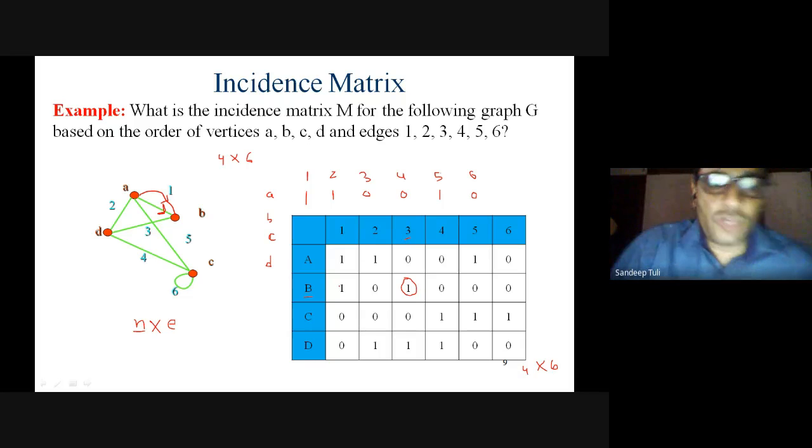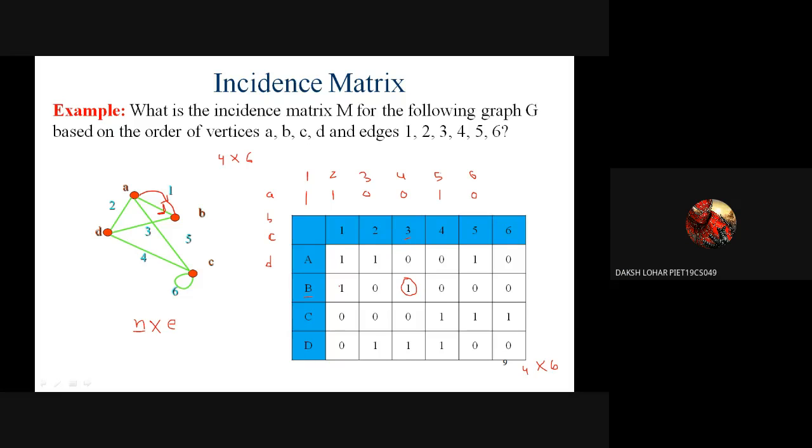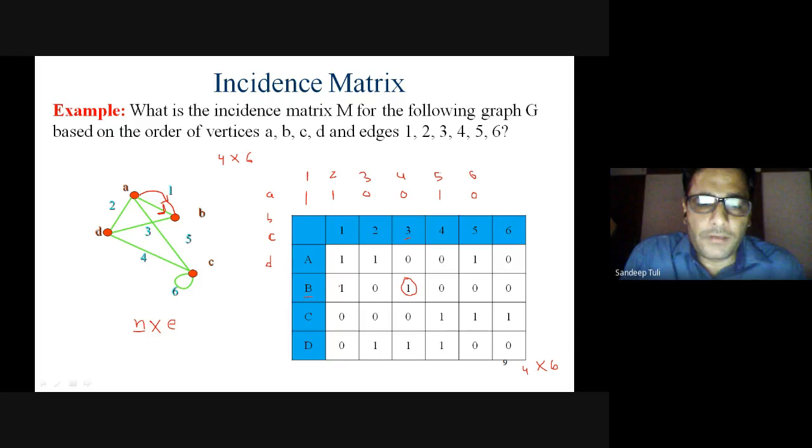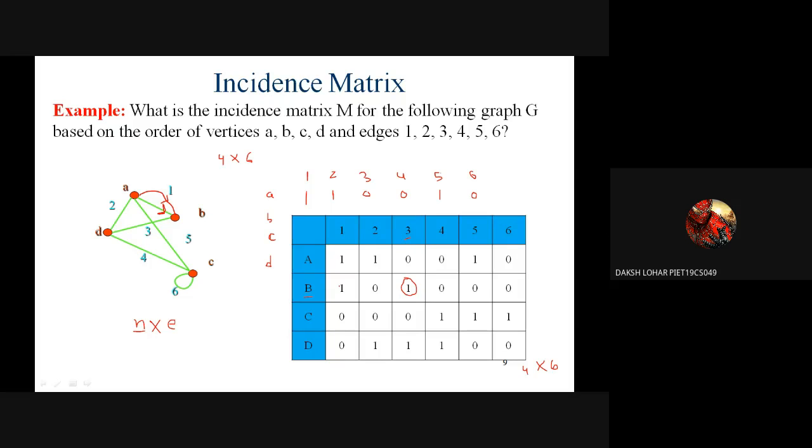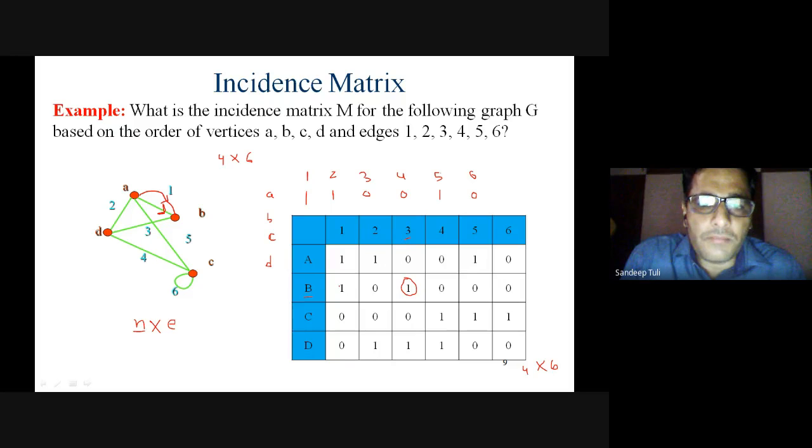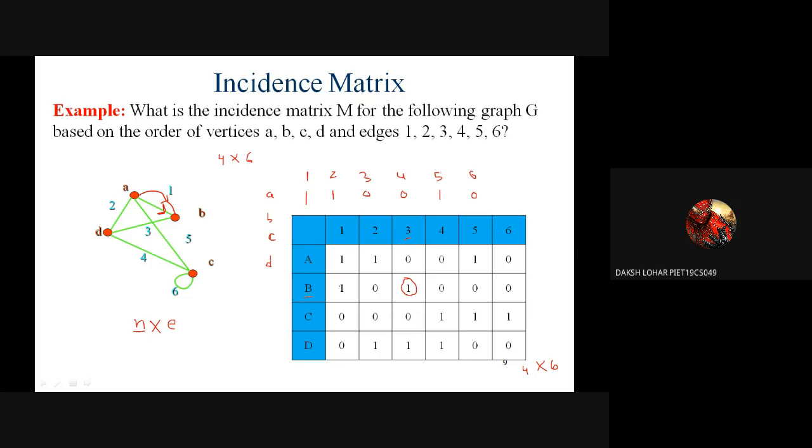I will look at this once and then tell you how parallel edges are handled. Sir, in this case, we can increase the number of ones if we are considering 0 and 1 as a bit. Sorry, say again, beta, once more. In this case, for a parallel edge, we can increase the number of ones, because you have said these are bits, 0 and 1.